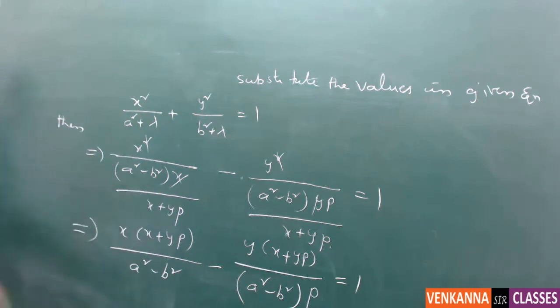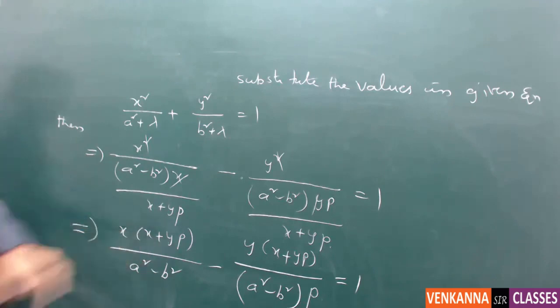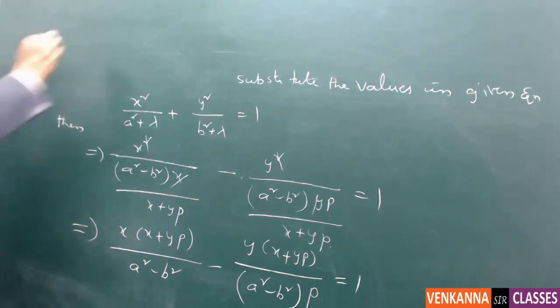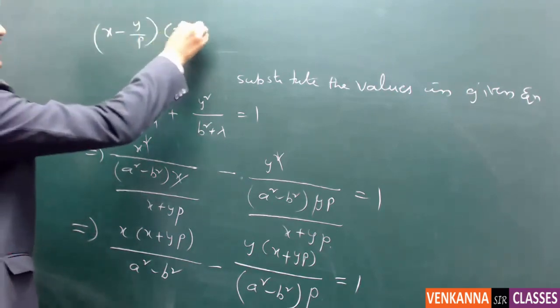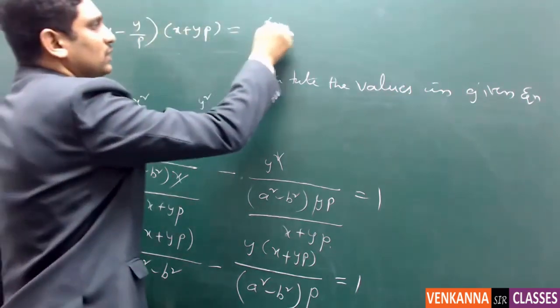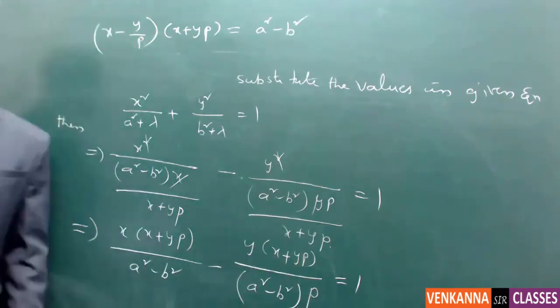Please check now. So we are going to substitute the values in the given equation. Accepted? Right. So if you take common in the numerator x plus yp and a square minus b square goes to the right side, then you have x minus y by p into x plus yp is equal to a square minus b square.